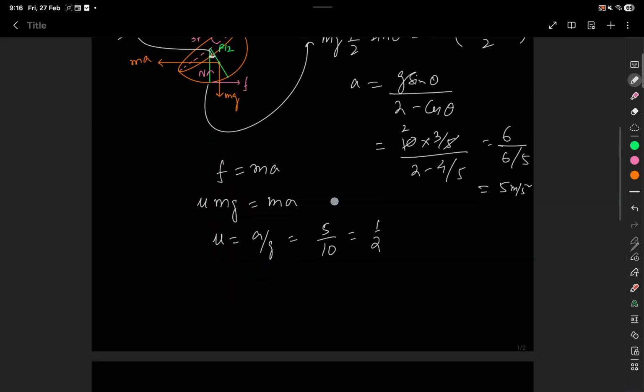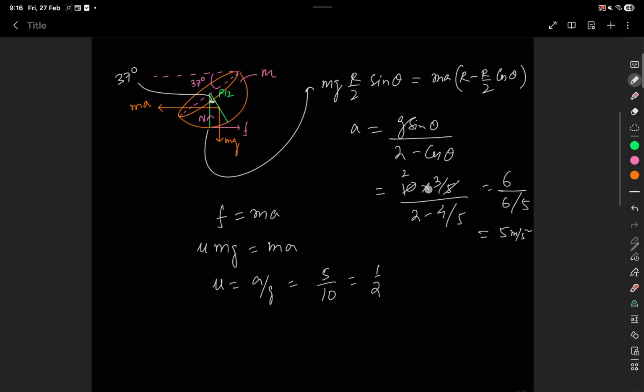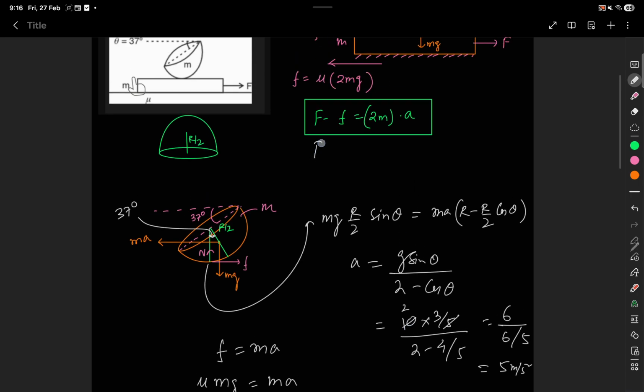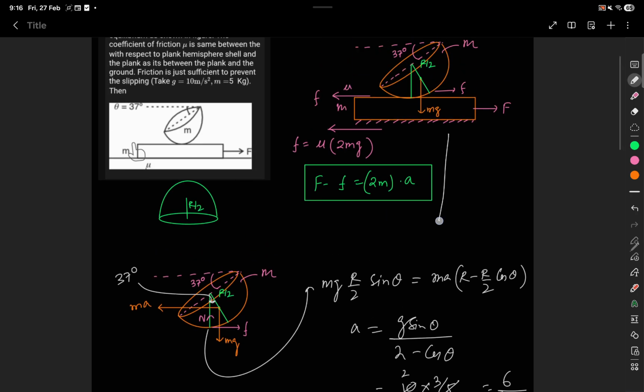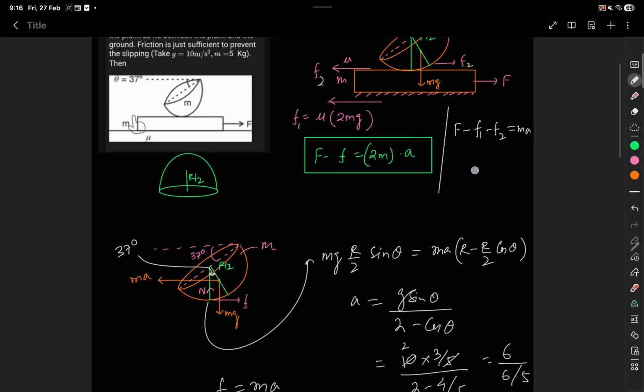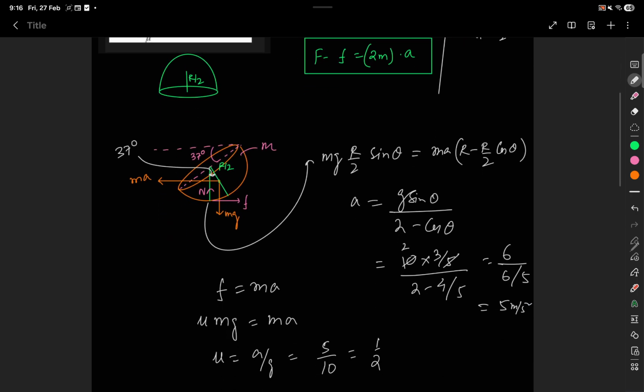As you are getting mu from here, you can clearly write F minus F, which is mu into 2mg, equal to 2m into A. If you write the equation for the plank, then let's say this is F1, this is F2, so F minus F1 minus F2 should be equal to m into A. This F is ma, this F is ma.